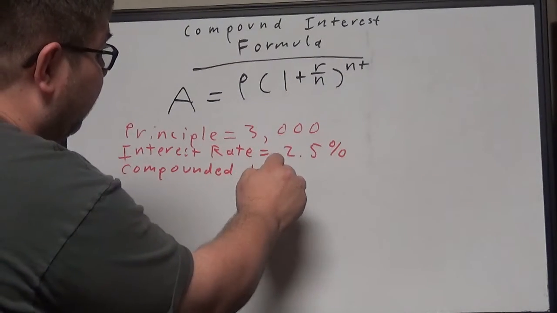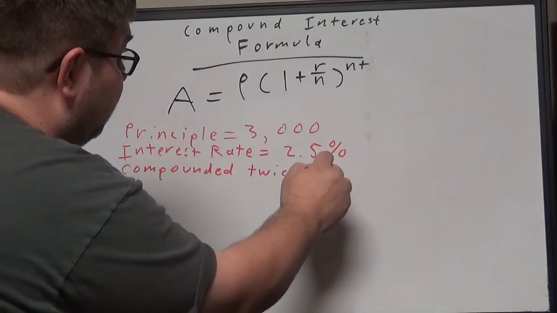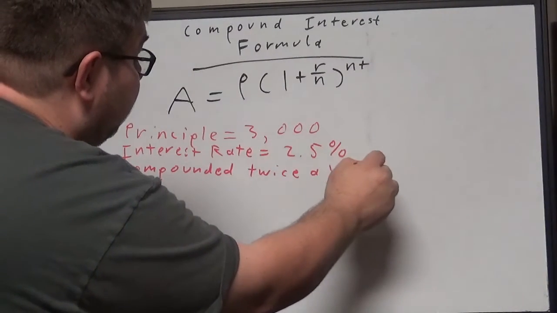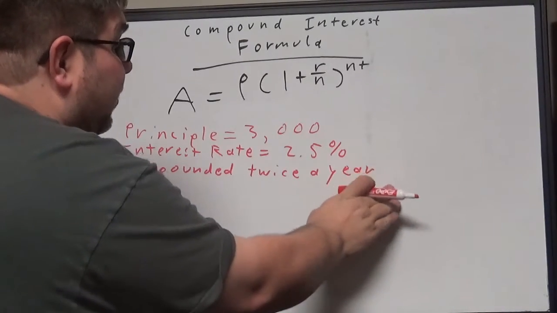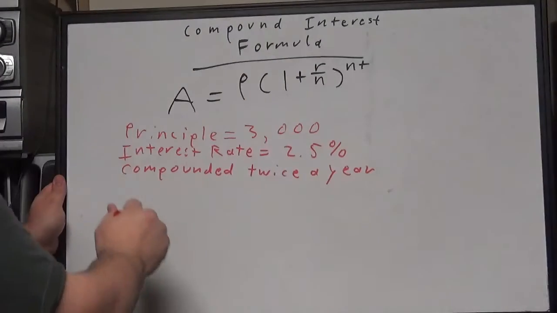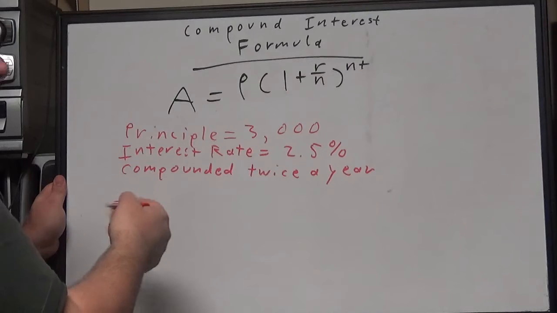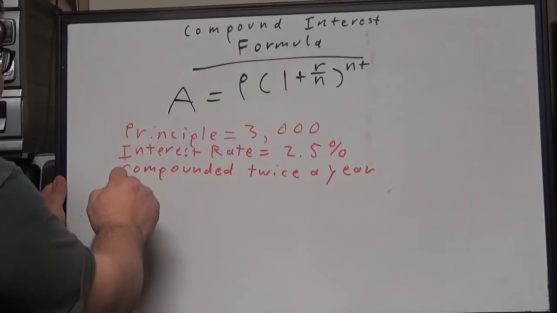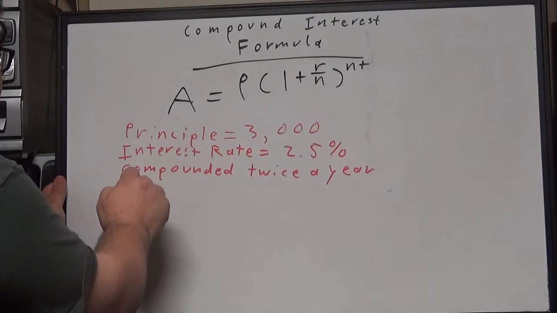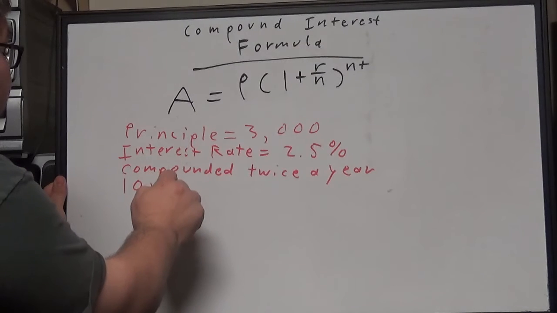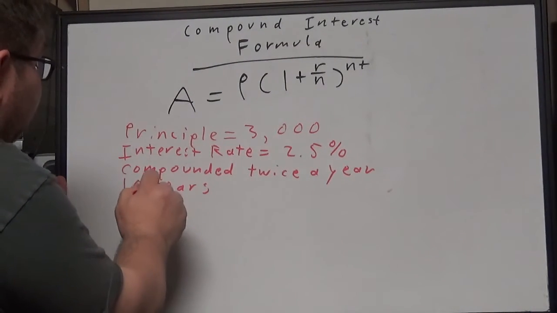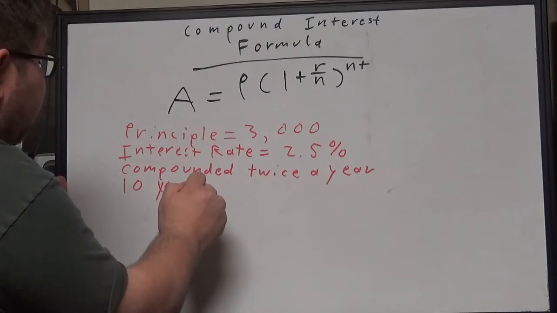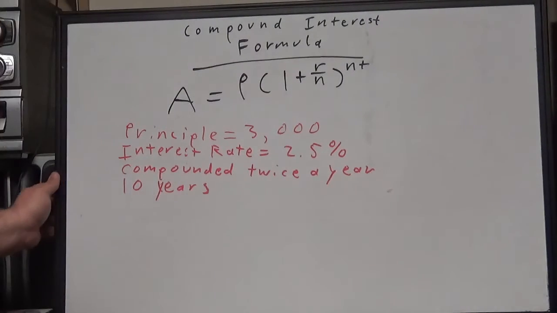Probably be more than that in real life, I think, but I'm not worried about it. I was going to write compounded twice a year, not putting equals anything. And let's say 5 years, not 10 years. Call it 10 years. I was making some numbers up. I don't know what the answer is going to be, but we'll find out.